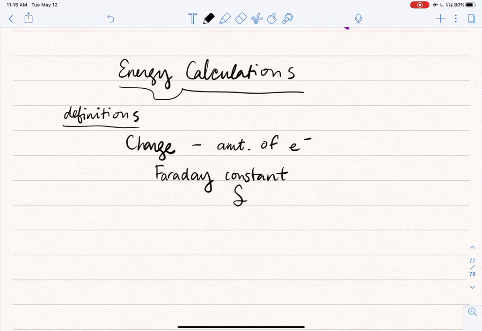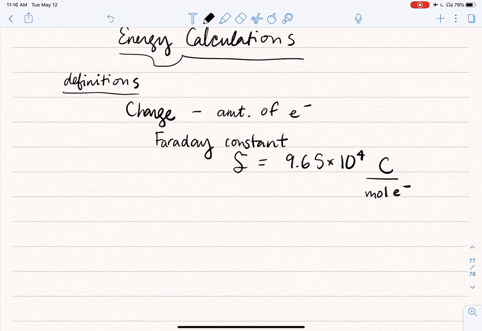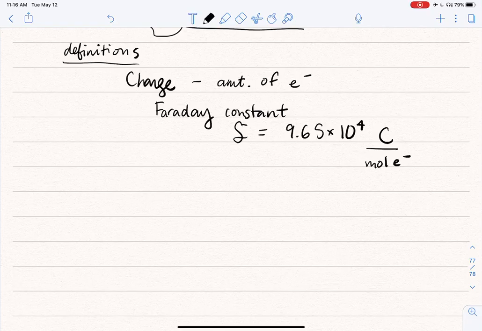That constant tells us the amount of charge on a mole of electrons. So it's 96,500, 9.65 times 10 to the 4 coulombs per mole of electrons. So coulombs are the units of charge, and you can turn electrons into charge using the Faraday constant.